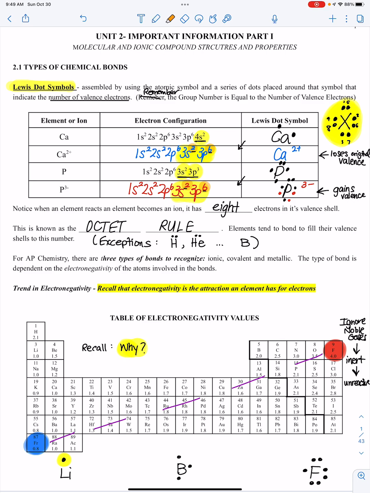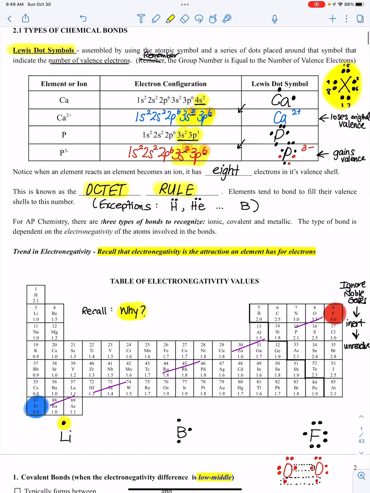This is going to be important for us for later. Elements tend to bond to fill their valence shells to this number. Calcium lost 2, so it would have 8 in its new valence. Phosphorus gained 3, so it would have 8 in its valence.